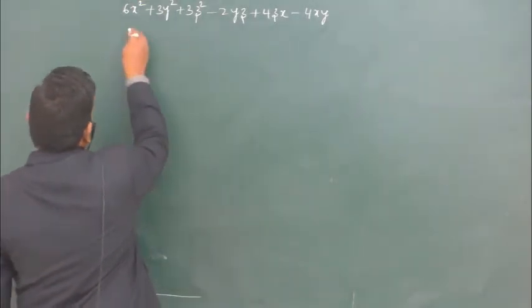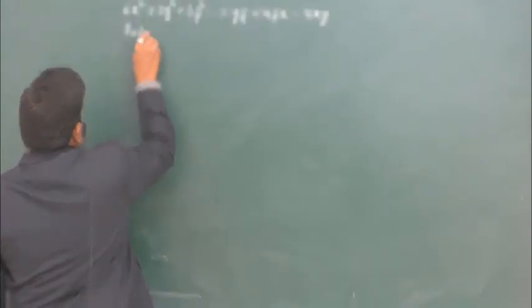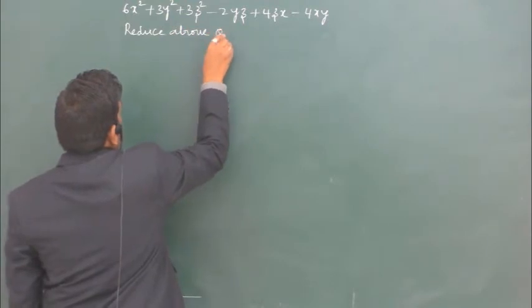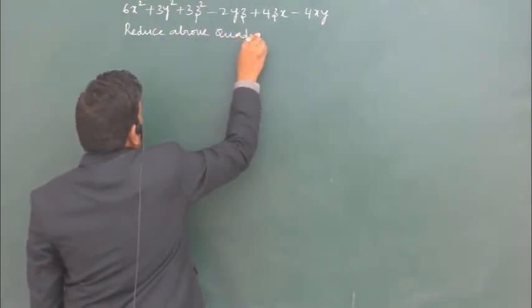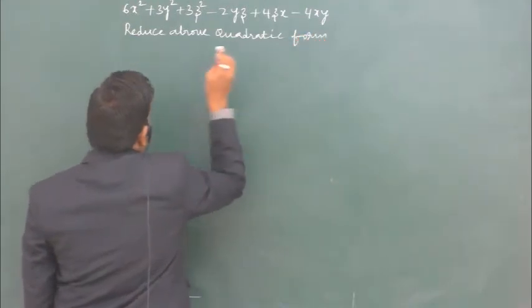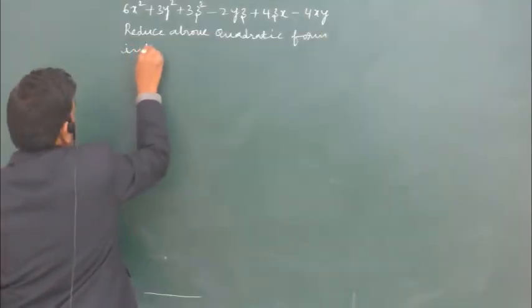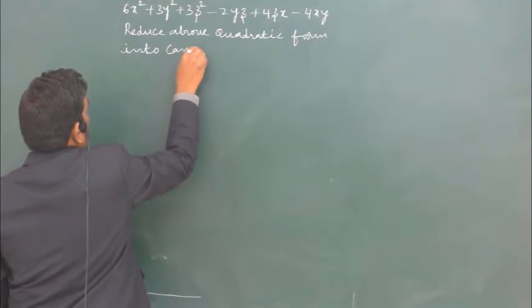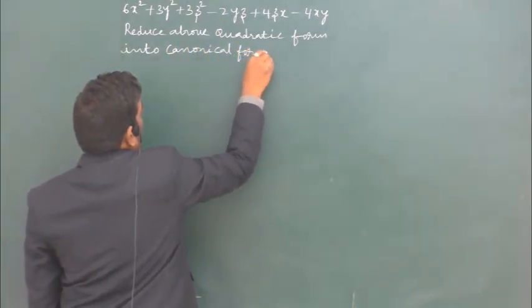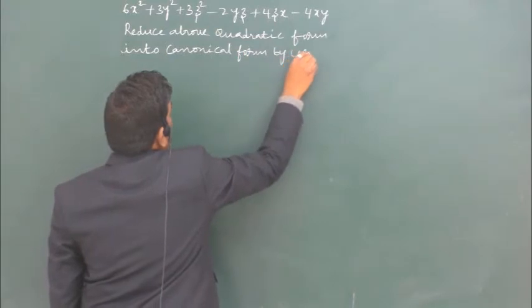Okay, so you need to reduce the above quadratic form into canonical form by using orthogonal reduction.